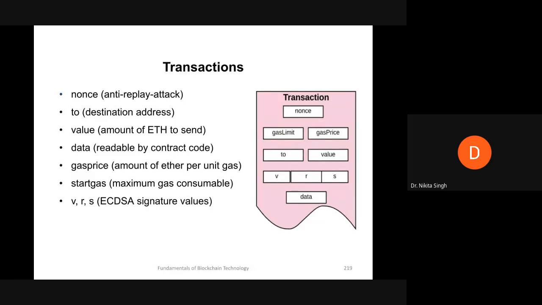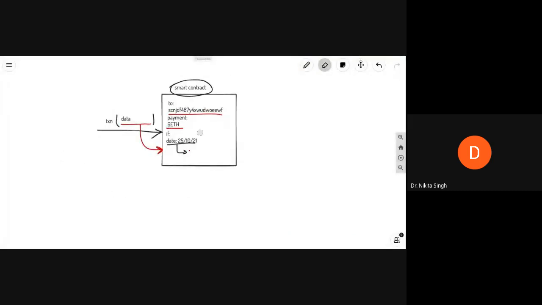So what I'm saying is, you have a smart contract which is doing domain registration.